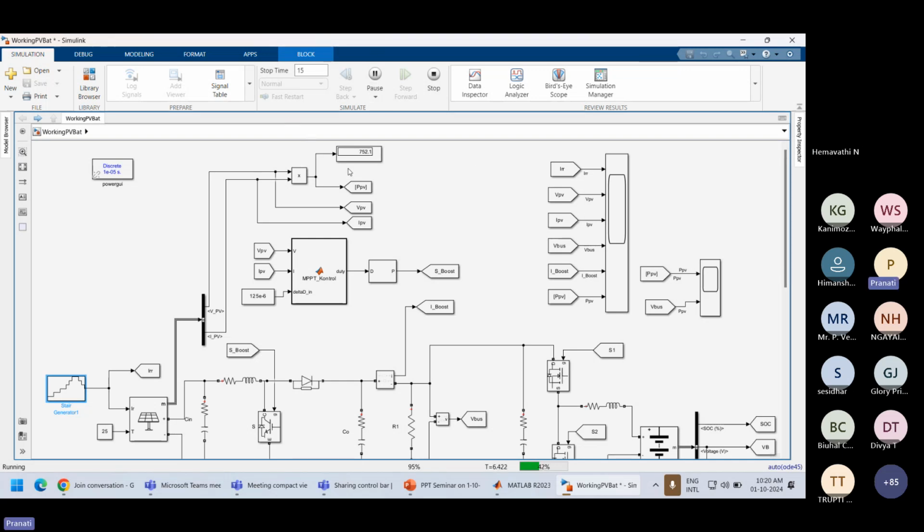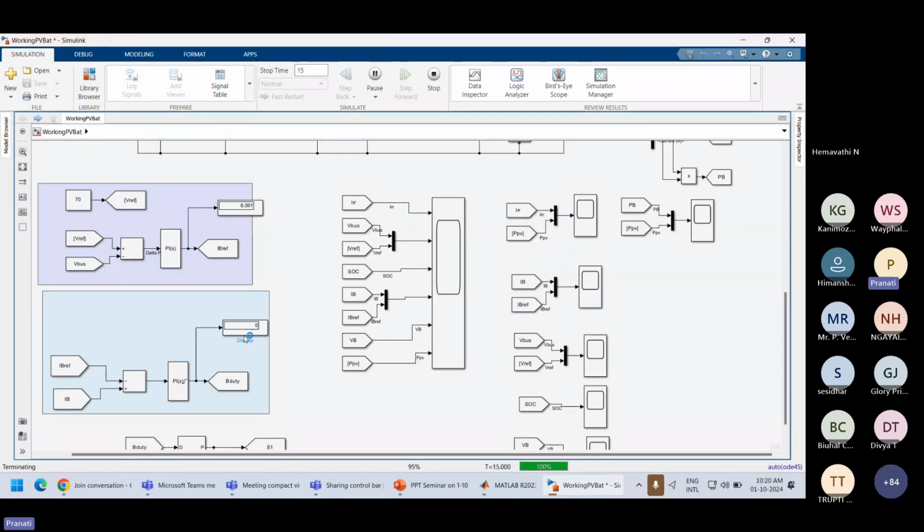See, you can see from the display also, it is continuously changing PV power when the irradiance changes. Wherever display is there, you can see that it continuously changes. These displays, see, battery reference values and this out of the PI controller, it continuously changes.